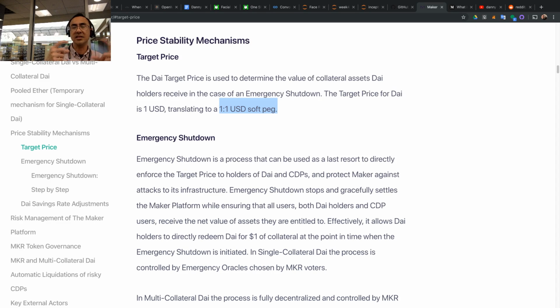I think the percentage of that will link to how DAI is soft pegged one to one to US dollars. It's an interesting mechanism. Okay, I kind of get it now.